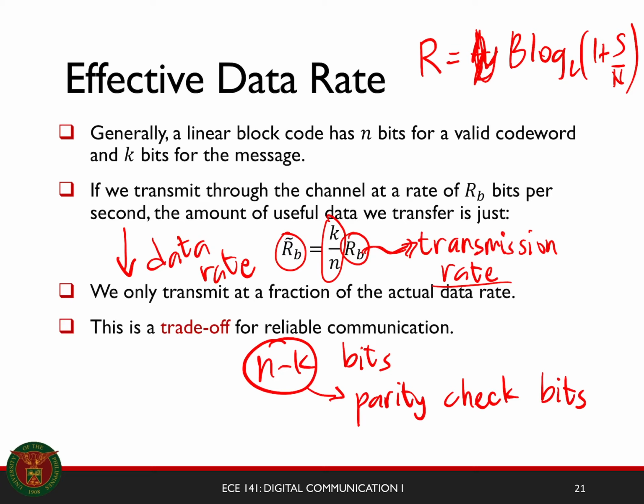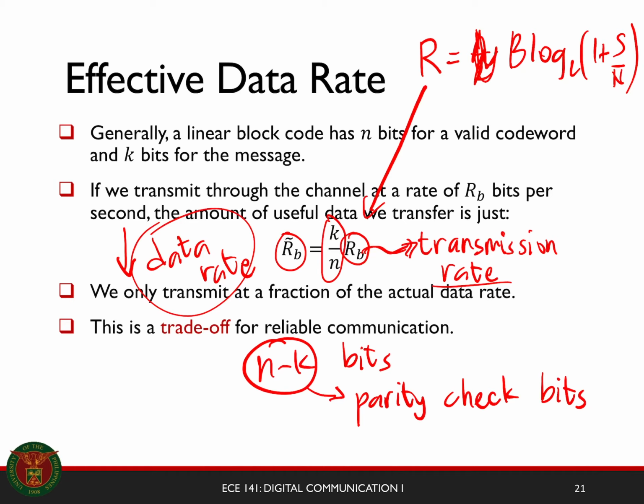But what if we want to reach this goal? I told you that we need to use coding. But if we use coding, we actually reduce the data rate. Take note, this is the data rate, so we can transmit at a faster rate than the data rate.